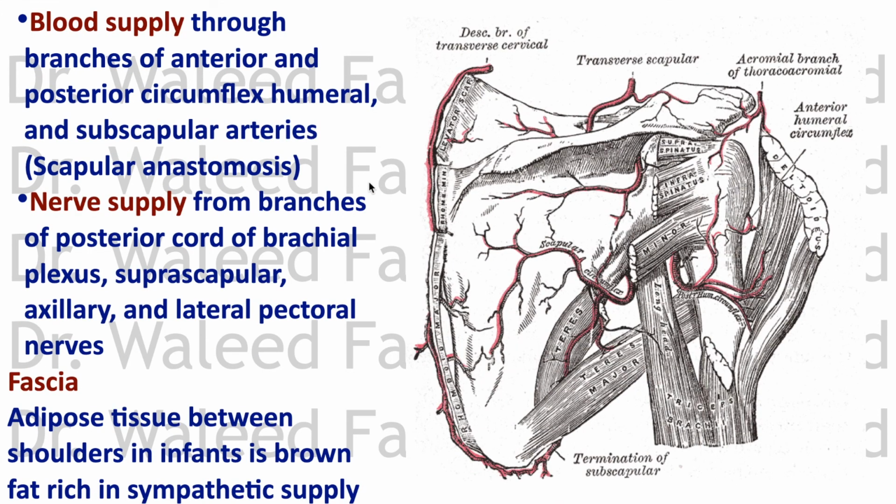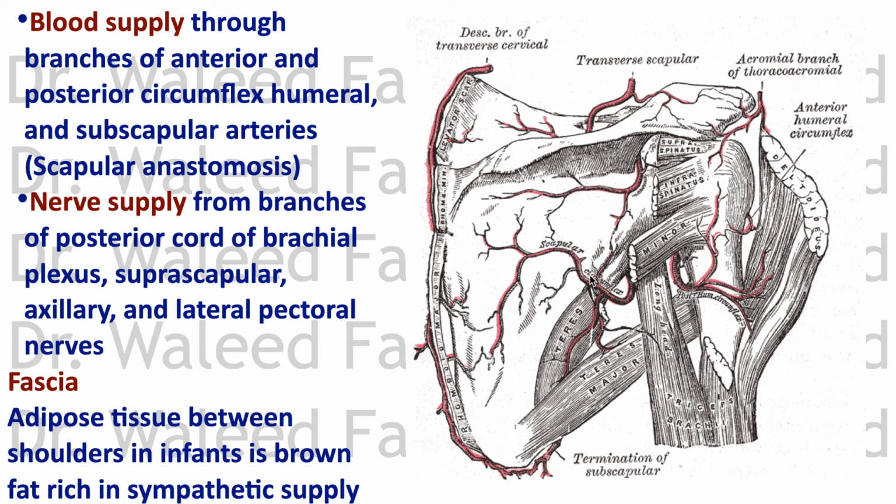The blood supply of the shoulder joint is through an anastomosis, the scapular anastomosis, as you can see here, through branches of the anterior and posterior circumflex humeral arteries. This is the posterior circumflex humeral artery. This is the anterior circumflex humeral artery. Also the suprascapular artery and the circumflex scapular artery.